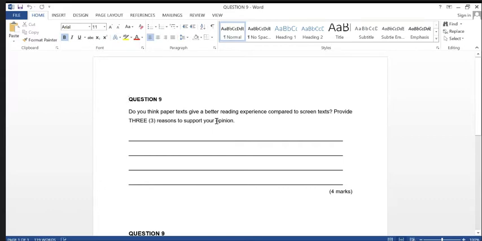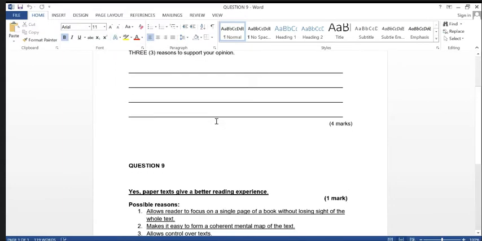Ataupun dia tak faham pun apa yang ditulis reason. Sebab reason boleh copy daripada artikel. You don't have to come up with your own reason. Okay, even though dia kata your opinion, but okay, you can choose the reason based on your opinion, yes or no. Yang kita nak tanya, you setuju atau tak setuju. Tapi the reason you can use from the text provided to you.